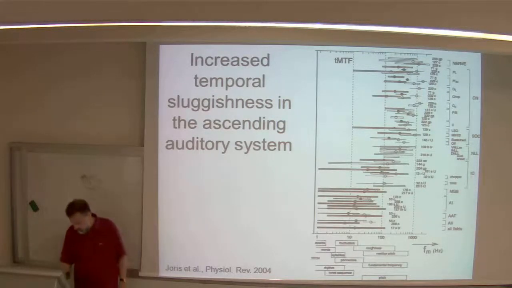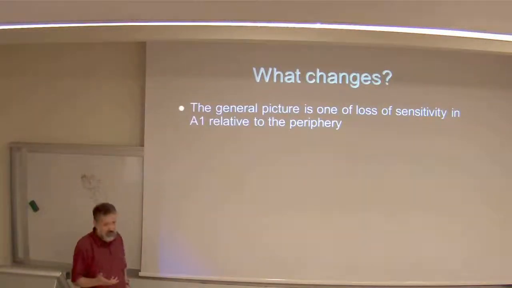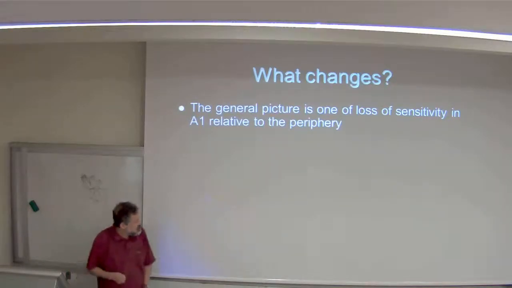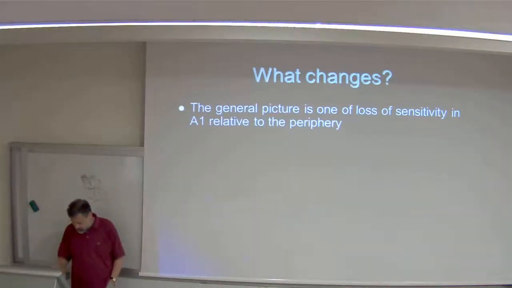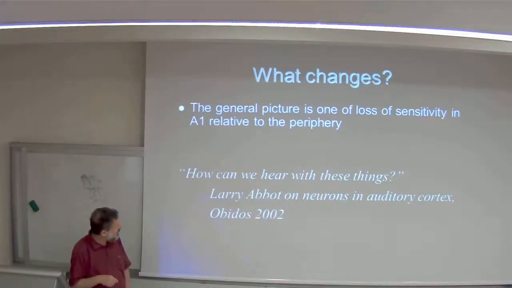So the general picture, if you just use these standard characteristics of sound responses, is that as you go from the periphery through inferior colliculus to A1, you lose sensitivity. You lose frequency resolution, you lose your ability to follow fast events. And once I gave this talk, Larry Abbott came to me after the talk and asked me, so how can you hear with these things?